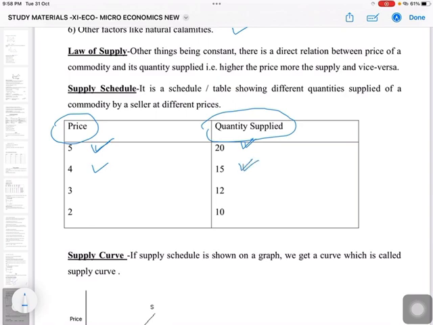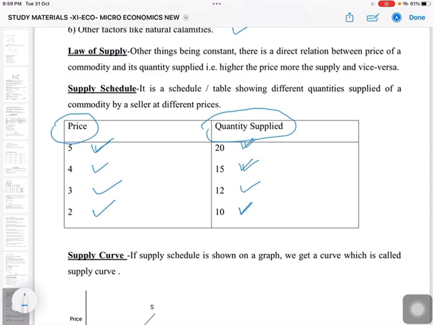प्राइस डिक्लाइन किया 3 रुपीज़ हुआ, supply declines to 12 units of the commodity. Price declines to 2 rupees, you see supply decreases to 10 units. It means with the fall in price, the quantity supply of the commodity decreases.